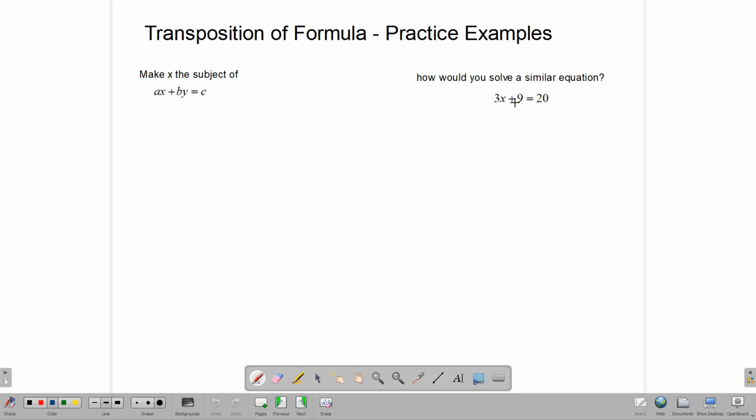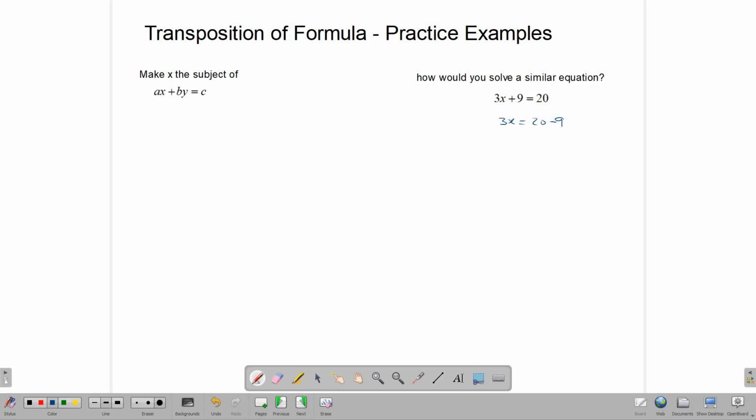Well, we realize here that we're adding 9 to our 3x. So the first thing we would do is to subtract 9 from 20. So we end up with 3x is equal to 20 take away 9. Now 20 take away 9 is 11, but I'm not going to write down the 11. I'm going to leave it as is for now.